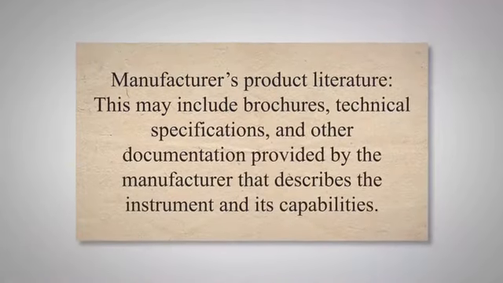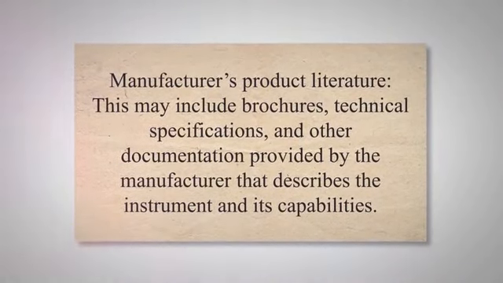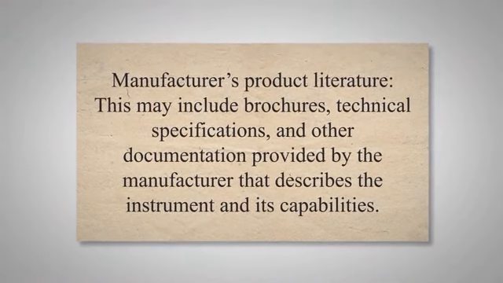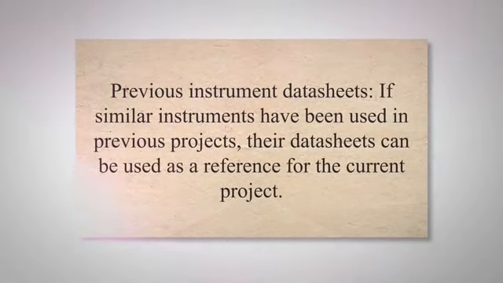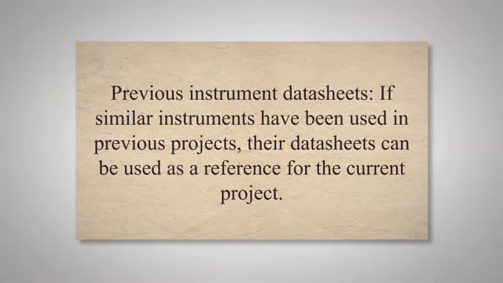Manufacturer's product literature. This may include brochures, technical specifications, and other documentation provided by the manufacturer that describes the instrument and its capabilities. Previous instrument datasheets. If similar instruments have been used in previous projects, their datasheets can be used as a reference for the current project. Vendor catalog, if available.